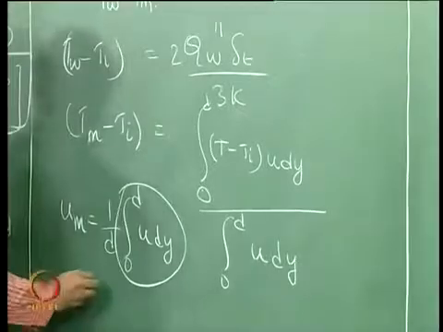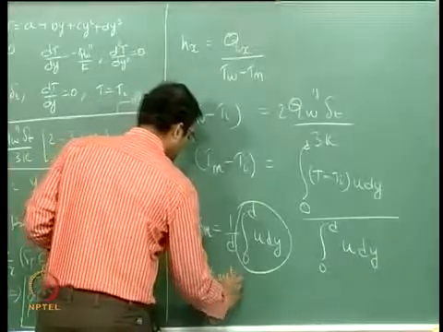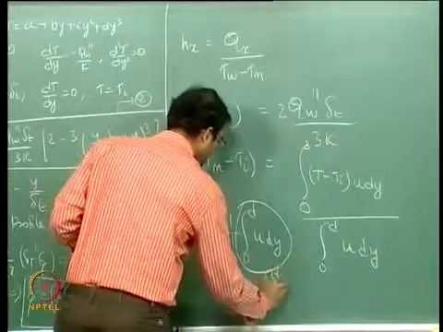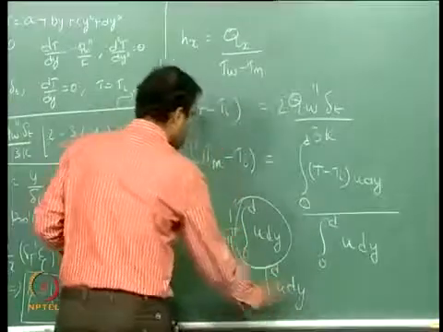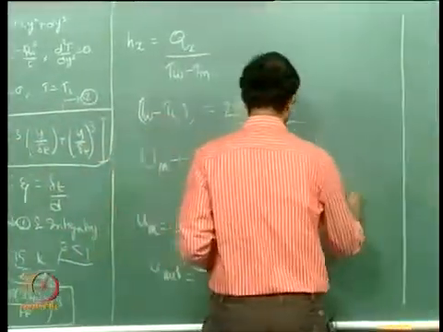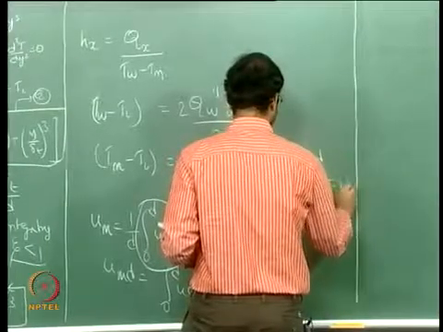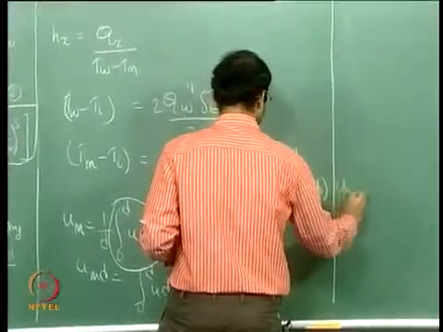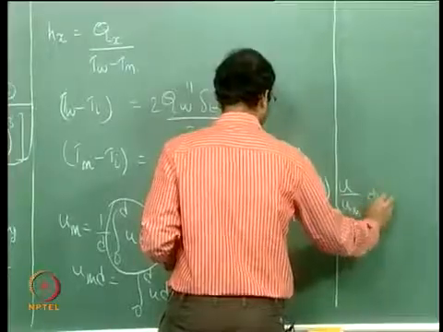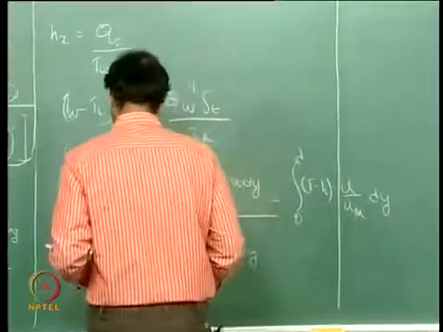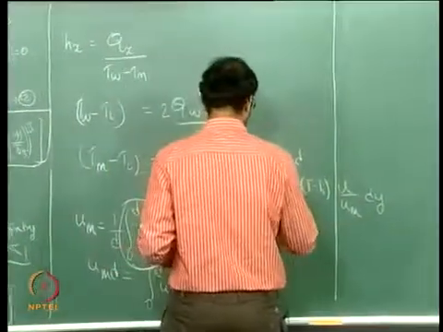So if you integrate it out, you get your relation between your 0 to d u dy as um into, so therefore you can write this as integral 0 to d of (T minus Ti) into u by um dy into 1 over d.